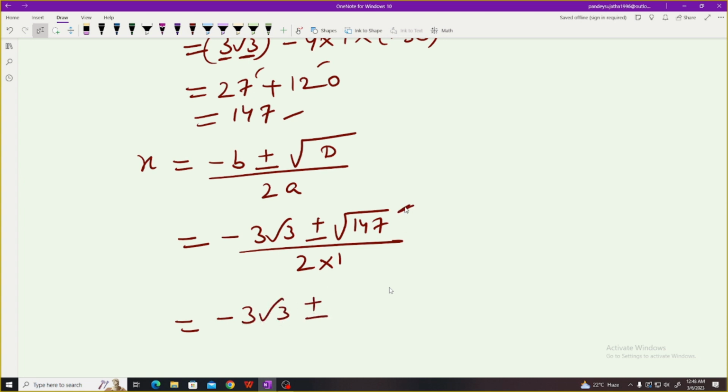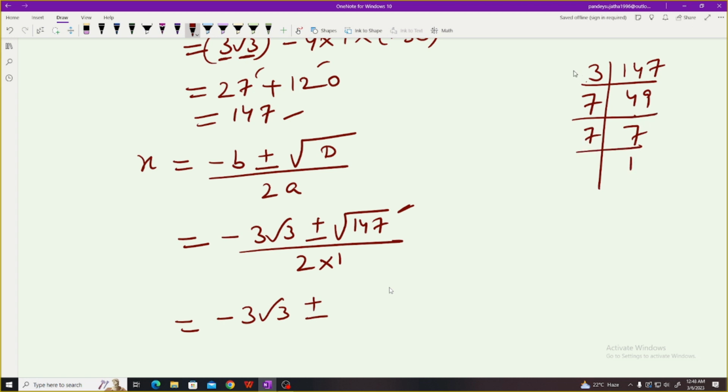To find the root of 147, please write the prime factors. So we get the prime factors of 147 will be 3 49s, 7 7s, and 7 1s.